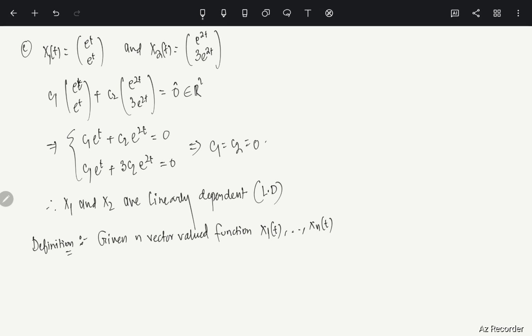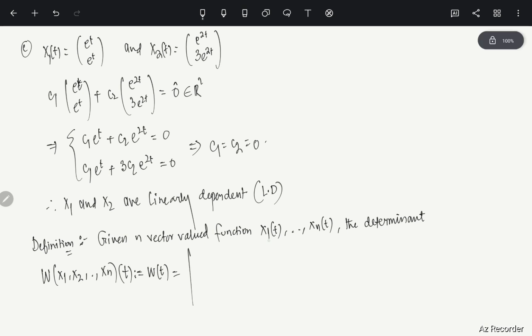Okay, and then you define the determinant W, I will write it like this, determinant of x1, x2, ..., xn. Yeah, see, this of course depends on t, so we can also write it like W of t, right? So given those functions, W is a new function which depends on all these functions, and that will be nothing but the determinant of this.